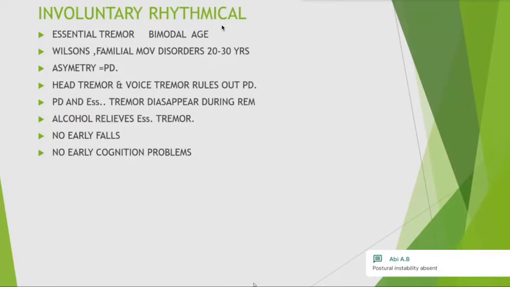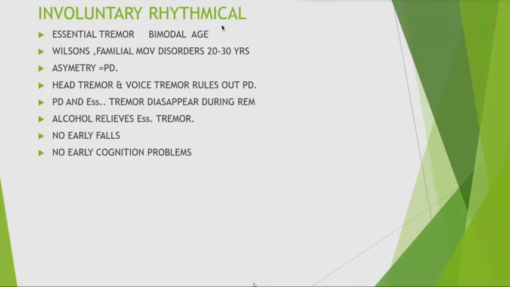The cerebellar tremor is an intention tremor. So when you ask the patient to do the finger nose test, cerebellar tremor increases from the point of starting. It increases and reaches maximum when you reach the target. Benign essential tremor remains the same throughout the course.